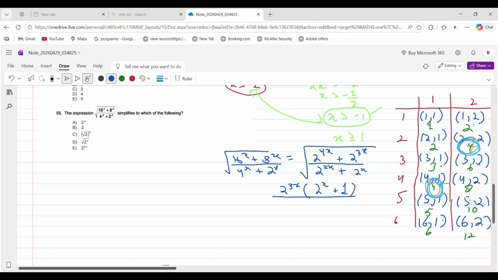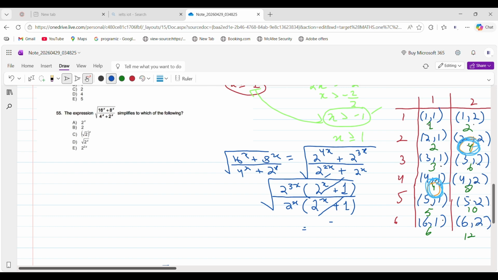Divided by what can be taken common from the denominator, 2 power x. When 2 power x is taken common from the first term, you are left with 2 power x only, and in the second term 2 power x is entirely taken common, so only 1 is left, all under root. So this whole is cancelled, 2 power x plus 1.